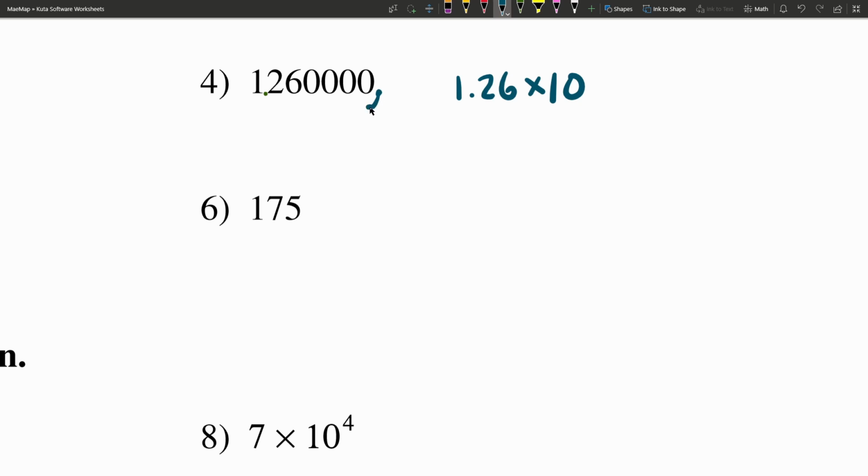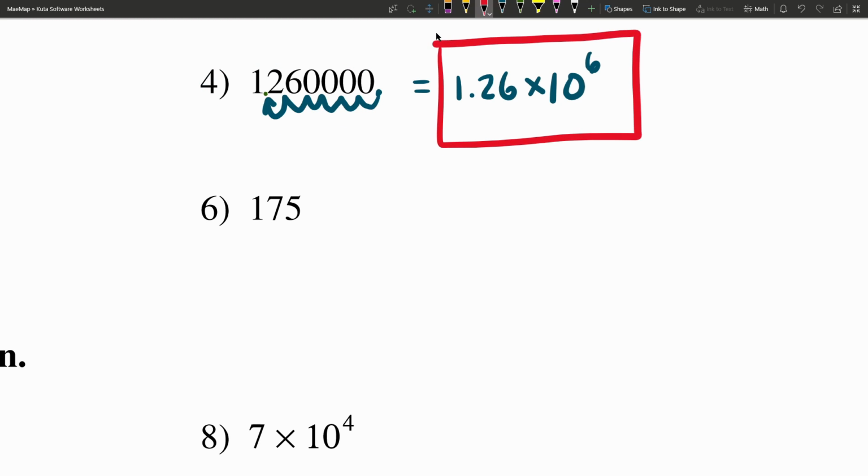If it started here, that was 1, 2, 3, 4, 5, 6 different times we would have to move the decimal place. And we want to increase this value, so we know that's going to be a positive 6. So 1.26 times 10 to the 6 is equal to 1,260,000. And there we have it. That's our solution in number 4.